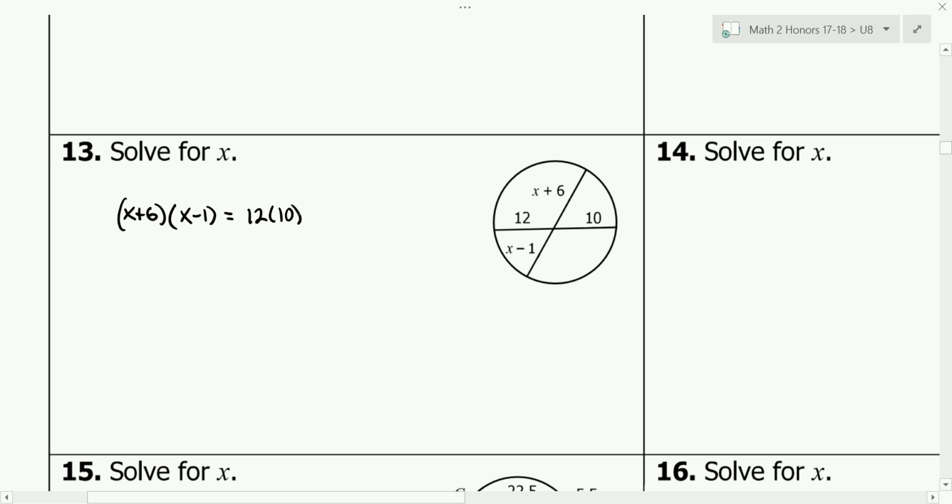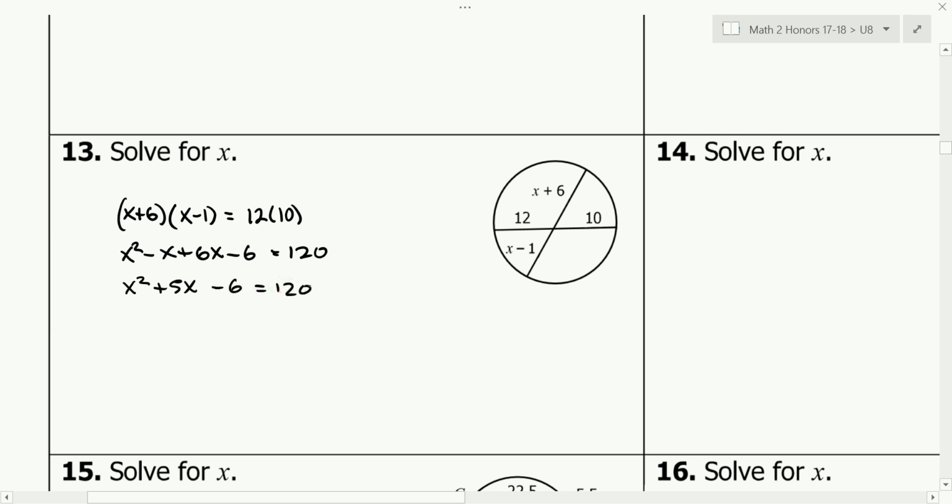All right, so we're looking for these two numbers. So if I multiply this out, I get x squared minus x plus 6x minus 6 equals 120. Did we go that far? Okay. Then I could combine like terms, get x squared plus 5x minus 6 is 120.